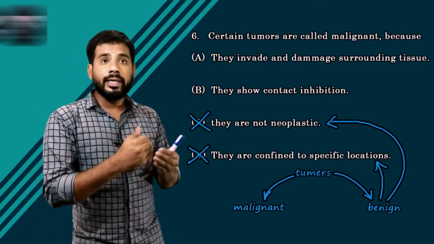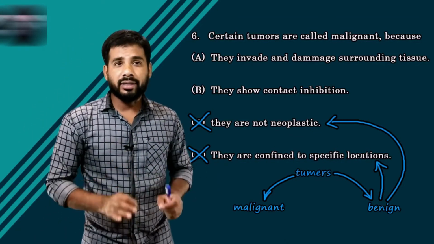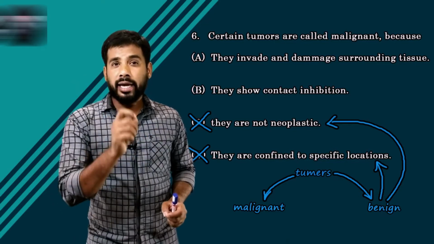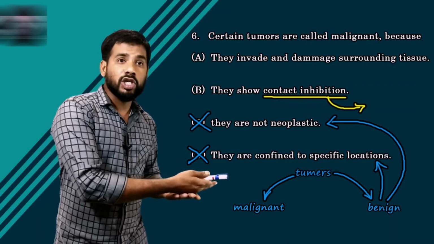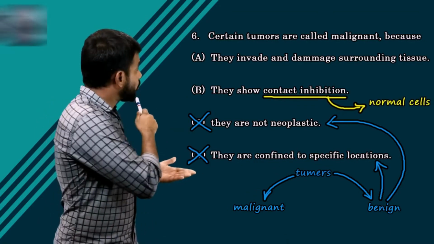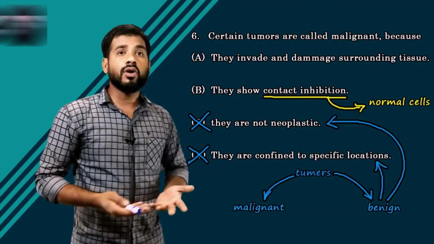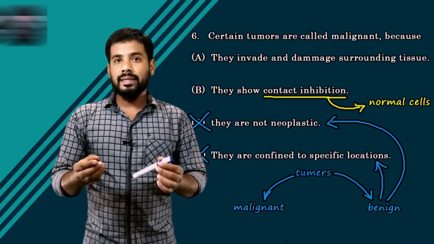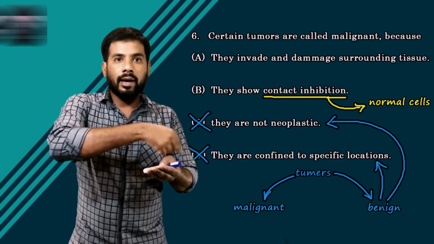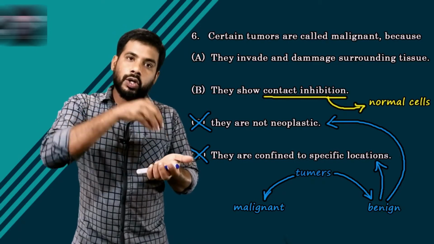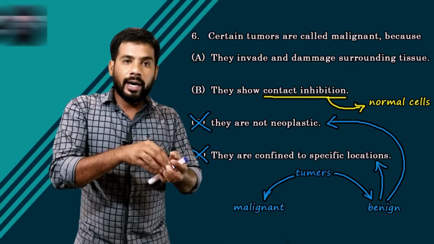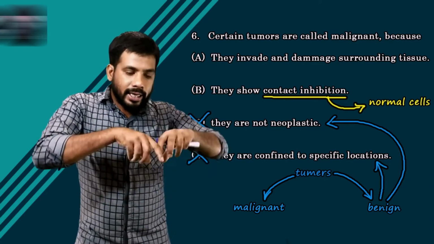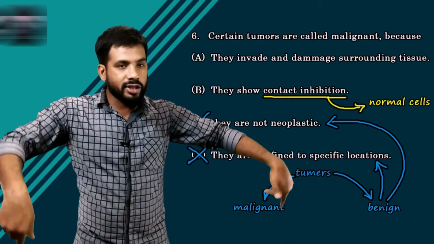Now between option A and B, which is the right option? The right option is option A. Why? Because contact inhibition is generally a property of normal cells. What is contact inhibition? The growth and replication of a normal cell, which is surrounded by other normal cells, is controlled by the contact of that cell with its neighboring cells.